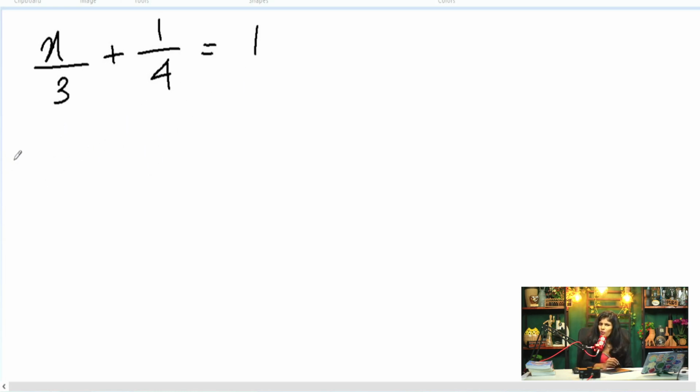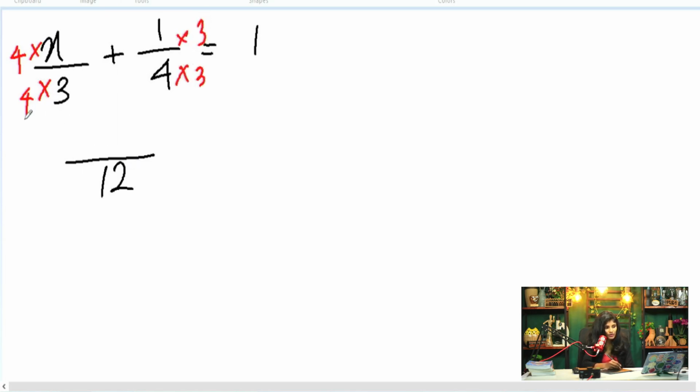3 and 4. What is the least common multiple or else the LCM? Yes, that is 12. So the common denominator we can take is 12. So to make 12, I have to multiply 3 by 4, numerator and denominator both. 4 by 3.